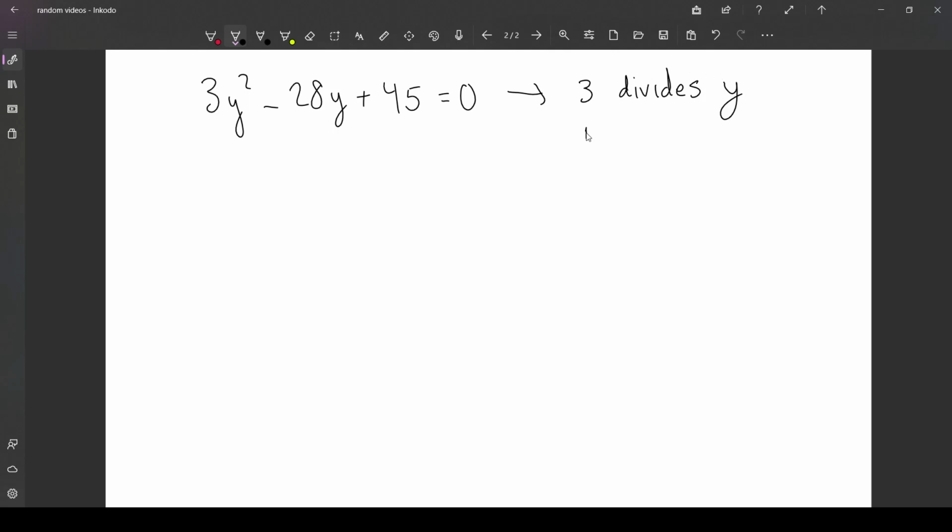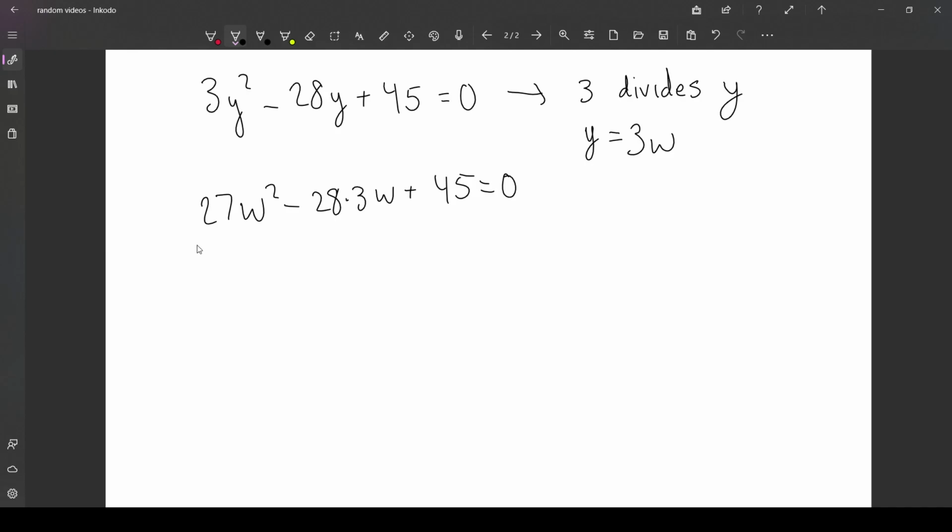And so we can write y as essentially 3 times, let's say 3 times z. Actually, let me use w first, because we're going to have another z. And so if you put that in here, well, you get 27 w squared minus 28 times 3w plus 45 equals 0.